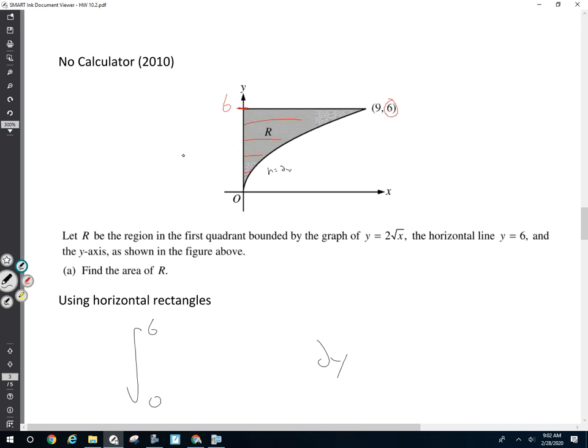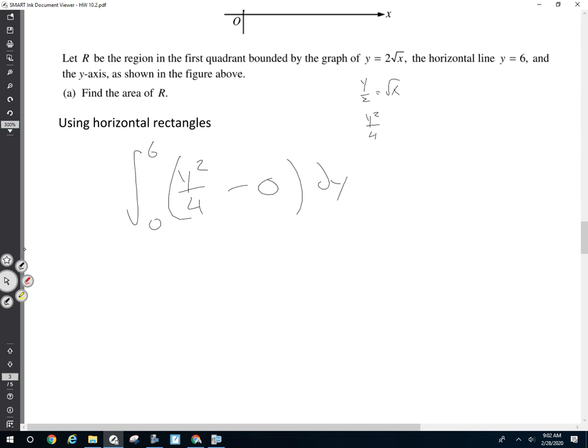My width is this x distance. This x distance will come from this equation where our x distance will equal a function of y's. So I can take a y, plug it in, I'll get an x distance. I will divide by 2 and square both sides, giving me y squared over 4. So that's the x distance.